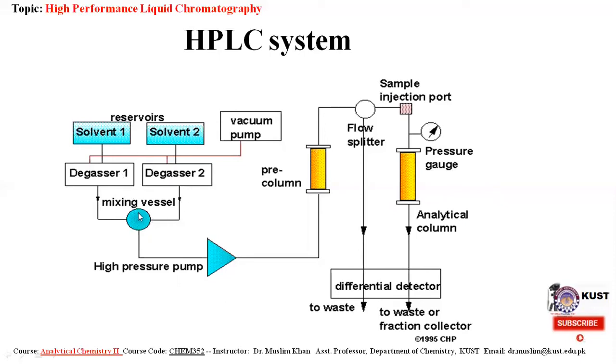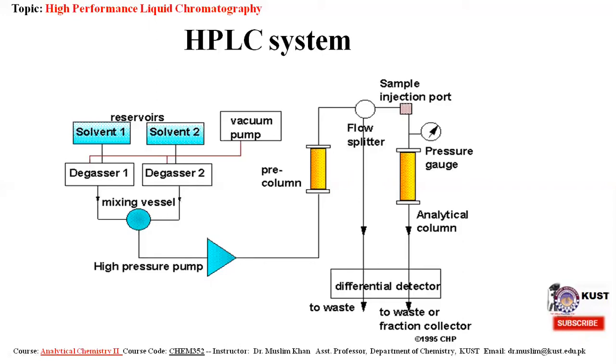When these solvents are mixed, they are pumped by a high pressure pump to the column, but most of the time, or even sometimes before the actual column, a pre-column is also there, which can stop all the unwanted things from reaching the column, because the column is an expensive thing in HPLC. Also, it can affect the efficiency of an HPLC system.